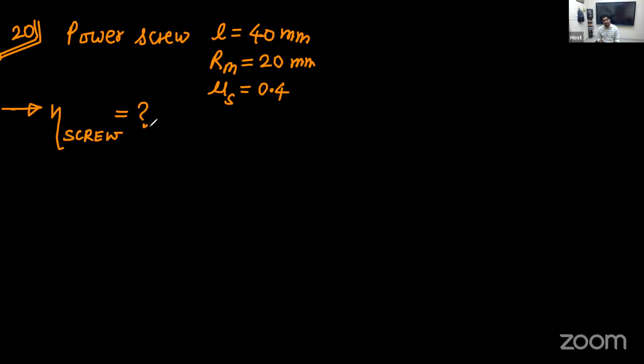Very interestingly, the efficiency of the screw is independent of the load that you are lifting. That means for a given power screw, the ratio of the input force that you need to apply at mean radius and the output force that you are lifting will remain fixed.